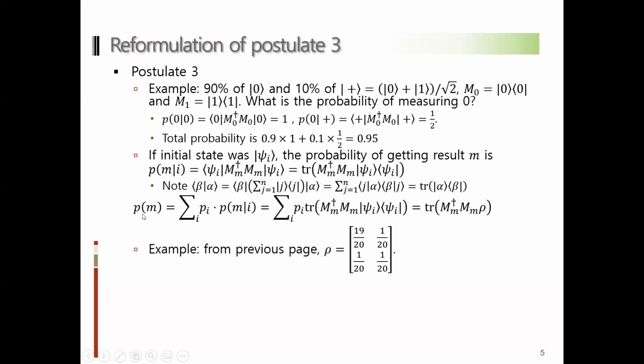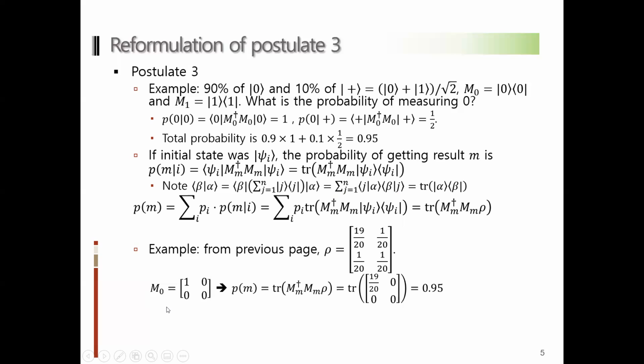If I try to calculate the probability to measure a zero value, all I have to do is plug in the measurement operator for zero in here.